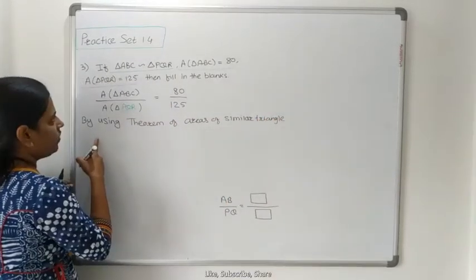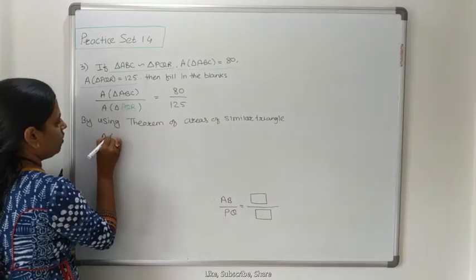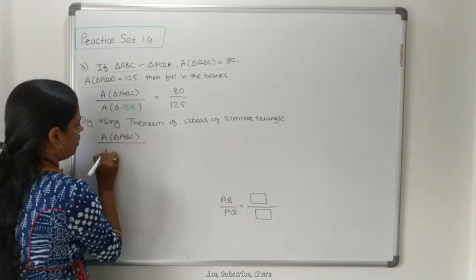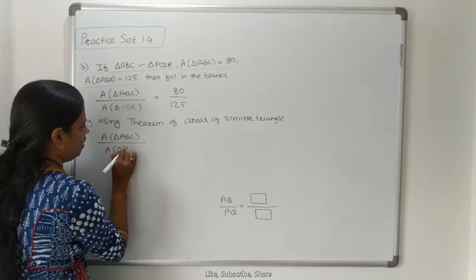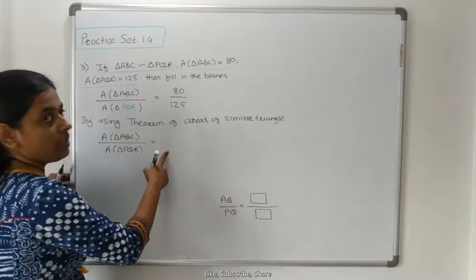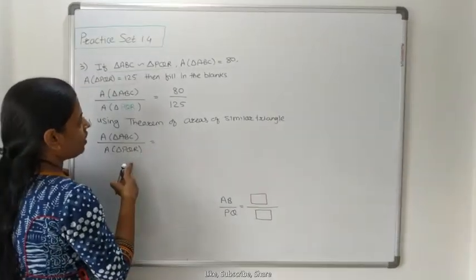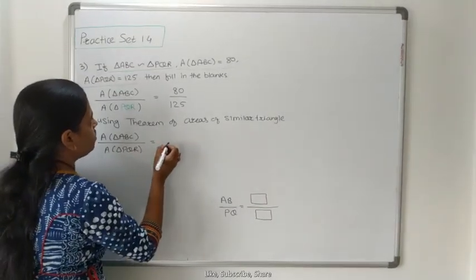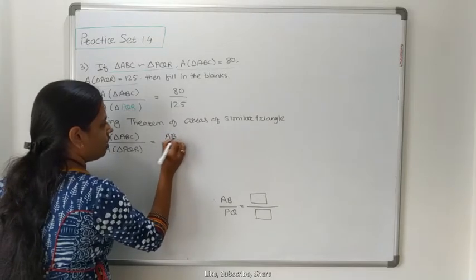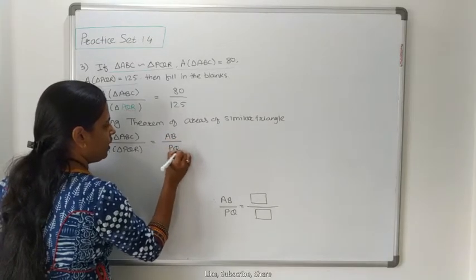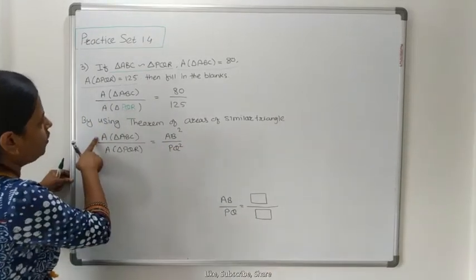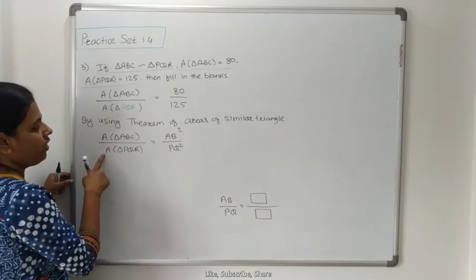So what is the theorem of area of similar triangles? That is, area of triangle ABC upon area of triangle PQR is equal to what? Their side squares. We have to take the ratio of their side squares. So we take one side, that is AB upon PQ, but we have to take the square of these sides. So we have the values of the area of triangle ABC and area of triangle PQR.